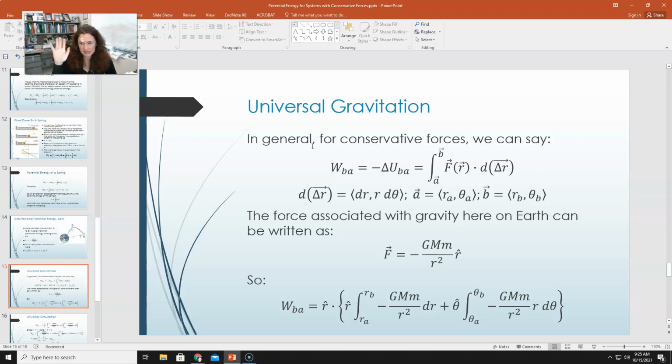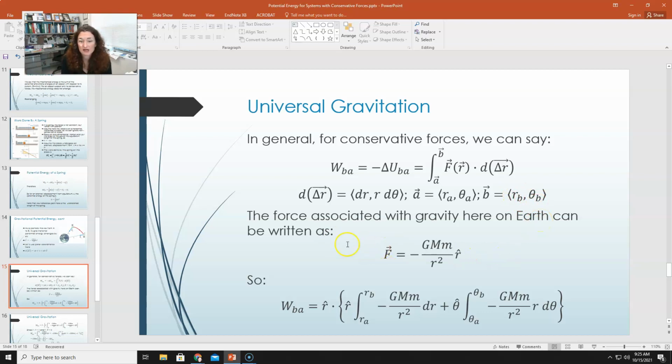Now our d delta r in polar coordinates would be dr r hat plus r d theta theta hat. Written in a two-dimensional vector notation this way, it would be dr comma r d theta, okay? Now, we're going to say that position A is at some center to center distance r sub A and some angle theta A, and position B is at r sub B and theta B, similarly.